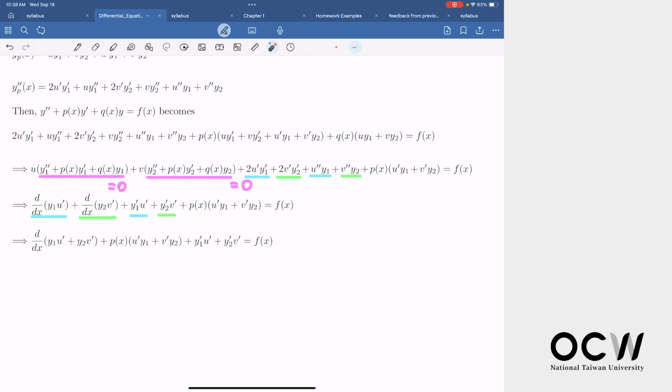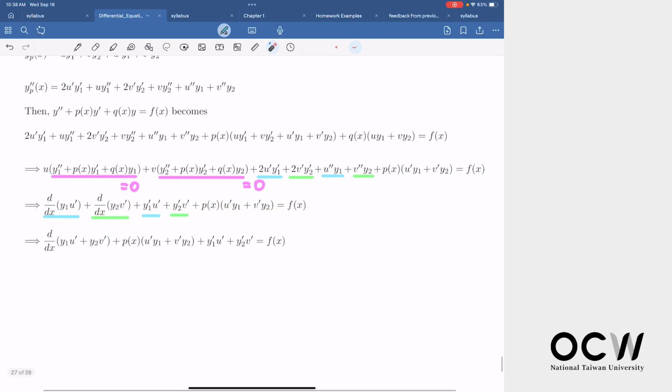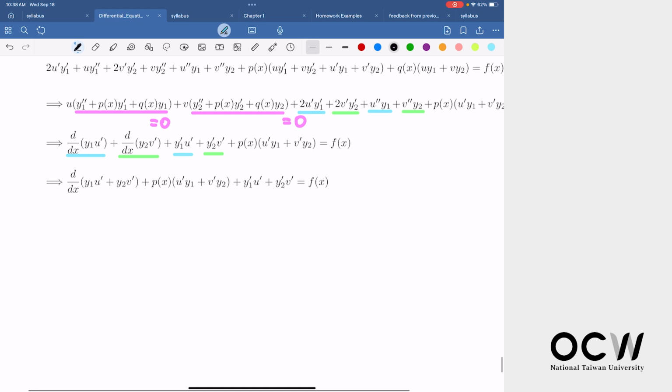So finally, we get another differential equation. And this should be f of x, and the derivative terms should be 0. So y1 u prime plus y2 v prime is 0.